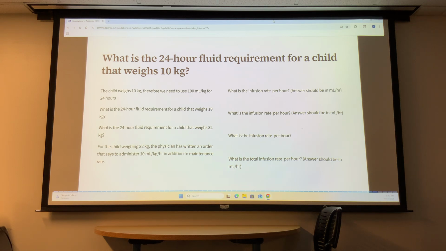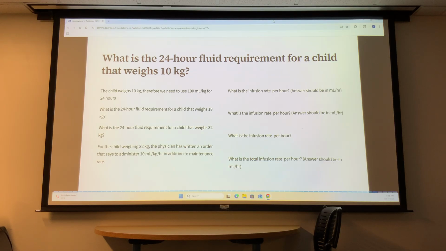Okay, so the next one there, we've got a fluid intake for a kid who weighs 18 kilos, right? So we know automatically that we've got 1,000 from that first 100 mLs times their first 10 kilos. Then we have 8 kilos left over, so we're gonna do that 8 kilos times 50. 450?